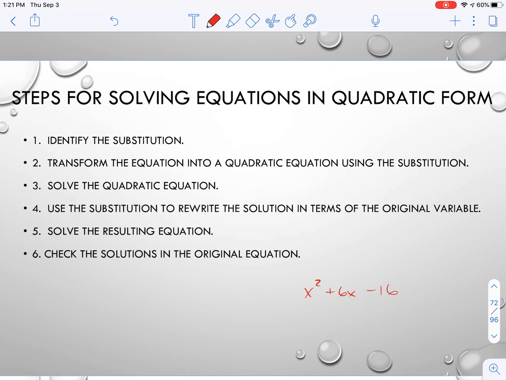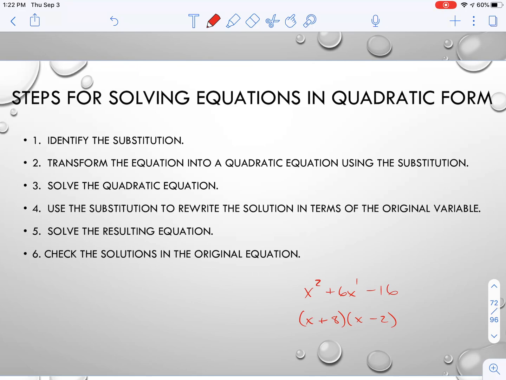This would factor, we would get x plus 8 and x minus 2. Now notice that I don't write the exponent on that middle term, but it is x to the first. Notice that I have a constant, and then that x to the first term, and my square term has exactly twice the degree of my middle term.